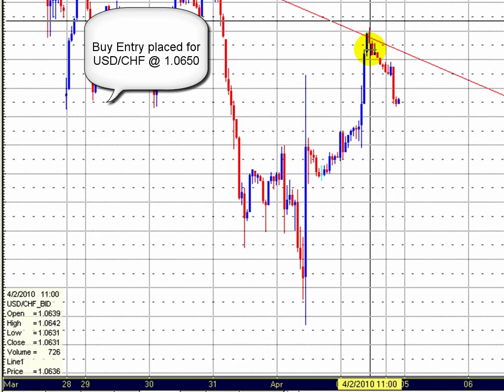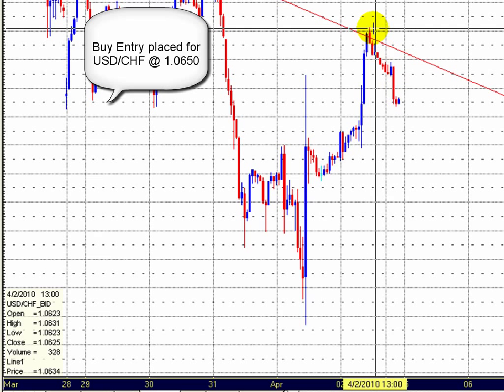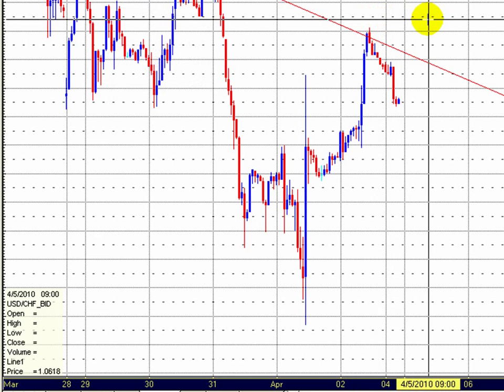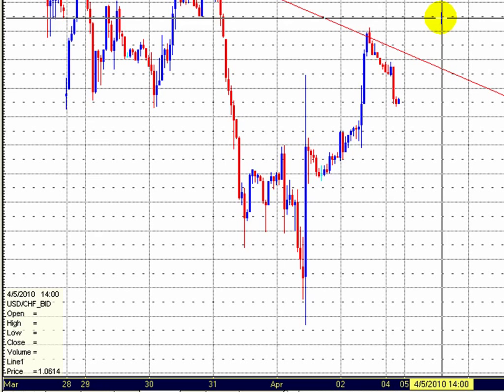So I would place a trade at 1.0650, somewhere in this range. And if the price goes above this point and reaches here, that is telling me that the markets have reversed, because this was the previous high. It would now create a new high, indicating a price reversal. Of course, it could be a false spike and I may get spiked out of the market. That's very likely, but I have to take that chance. So this is the entry point for the Swiss franc trade.